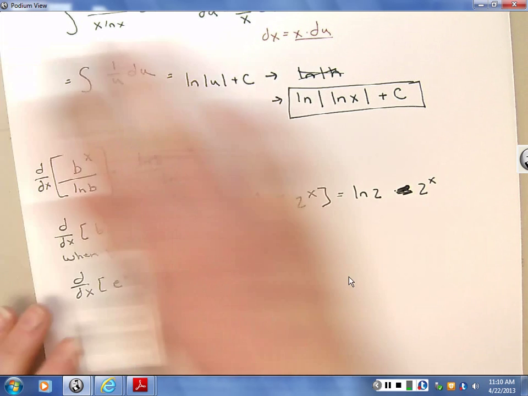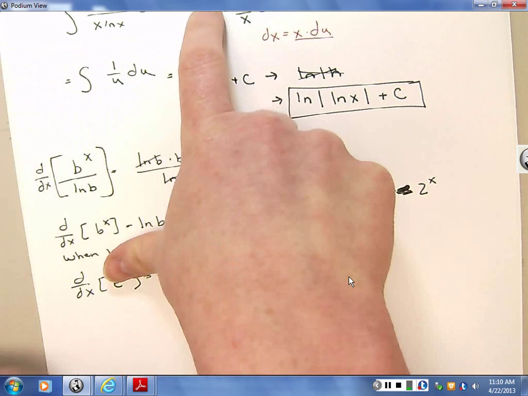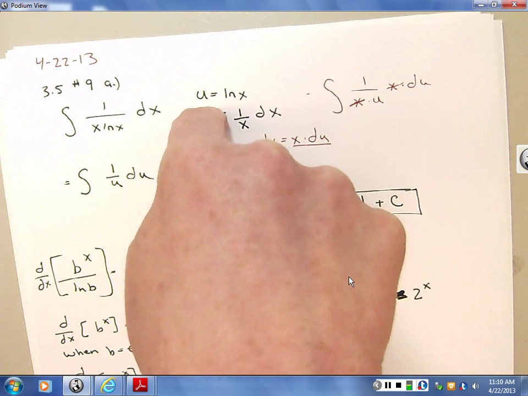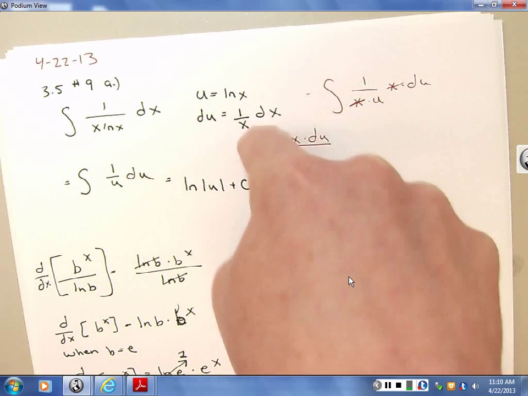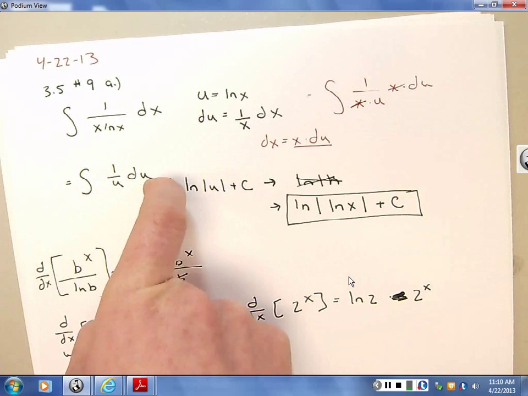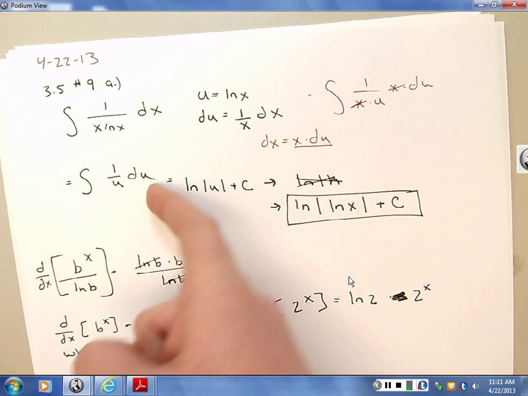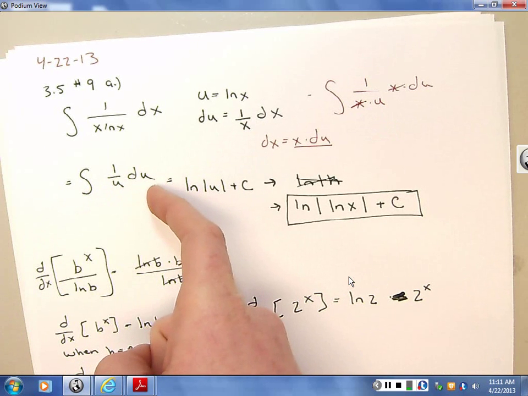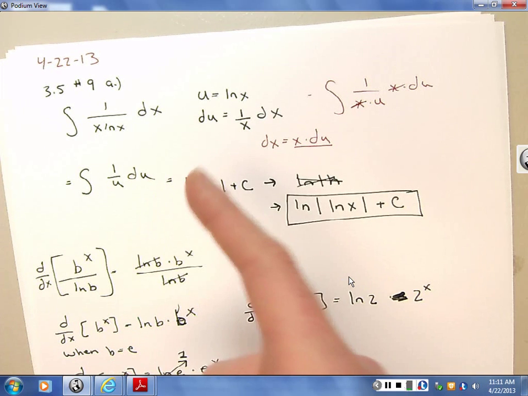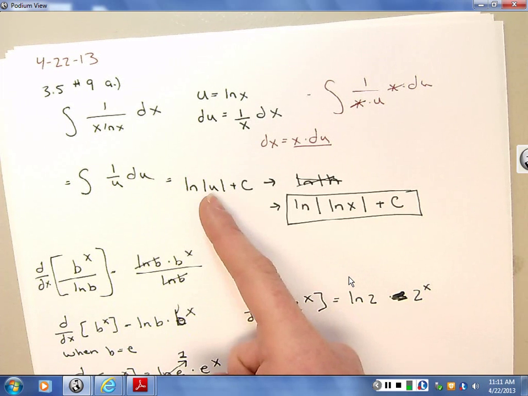This is a totally different setup. They're telling you your u is ln of x, so your du is 1 over x dx. So that gets your integral in this form. Do you understand that? So you know how to integrate 1 over u. The integral of 1 over u is ln of u. So then you're done, except you need to back substitute what u is in terms of x.